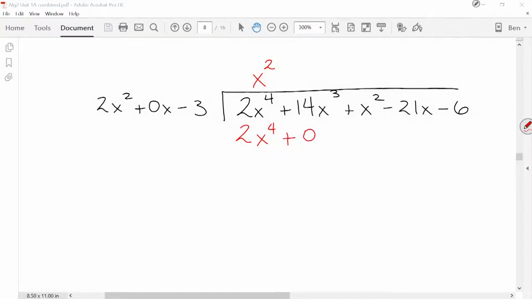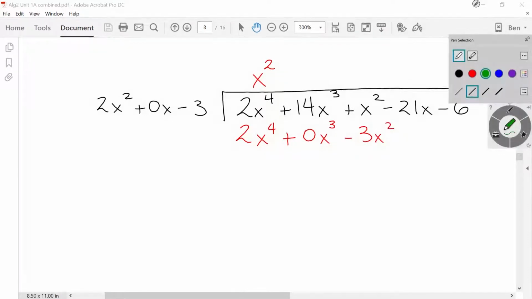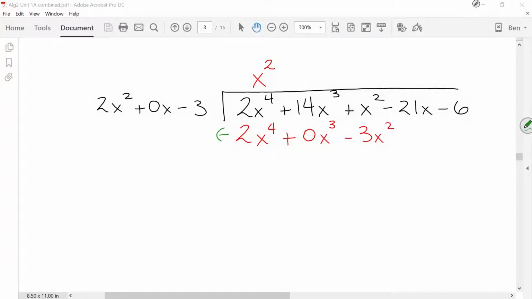But just for my organization, I will keep the right variable: x squared times x is x cubed. And then x squared times negative 3 is a negative 3x squared. I will then change all the signs and circle the change, and I will add.